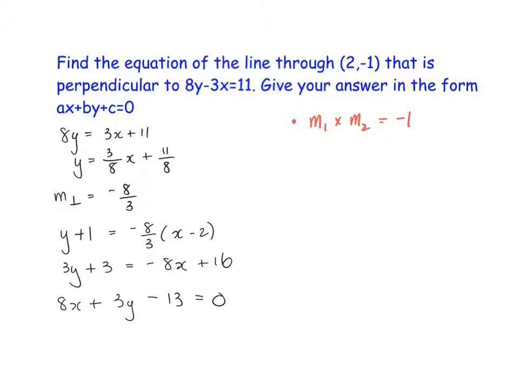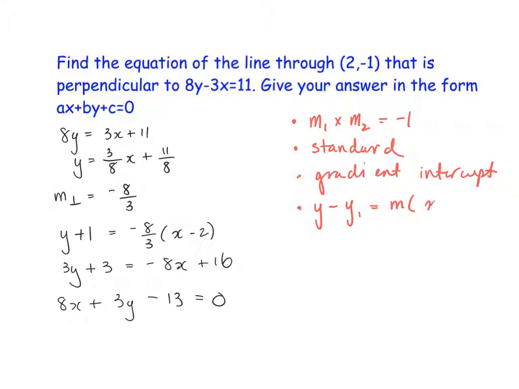I want you to be really clear about what standard form looks like and what gradient-intercept form looks like. And then we've worked through quite a few examples, so hopefully you're also really confident with y minus y1 equals m times x minus x1 to find the equation of your line.